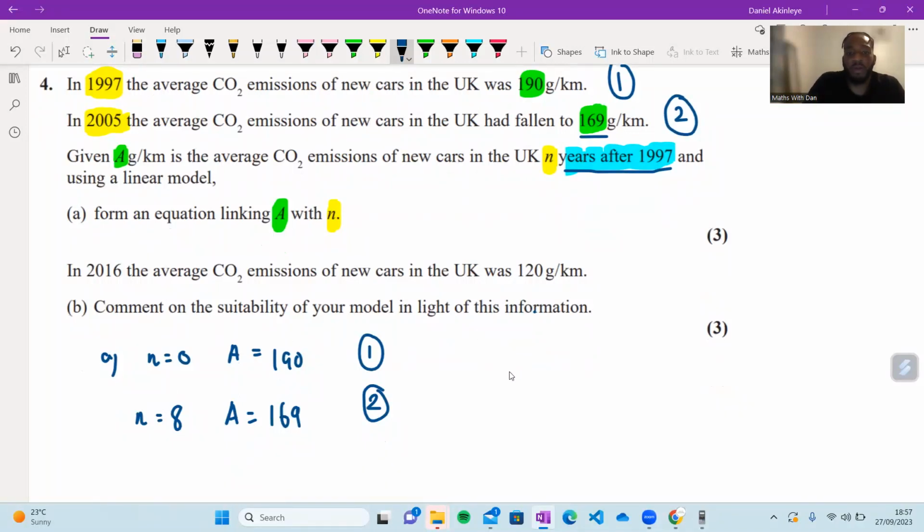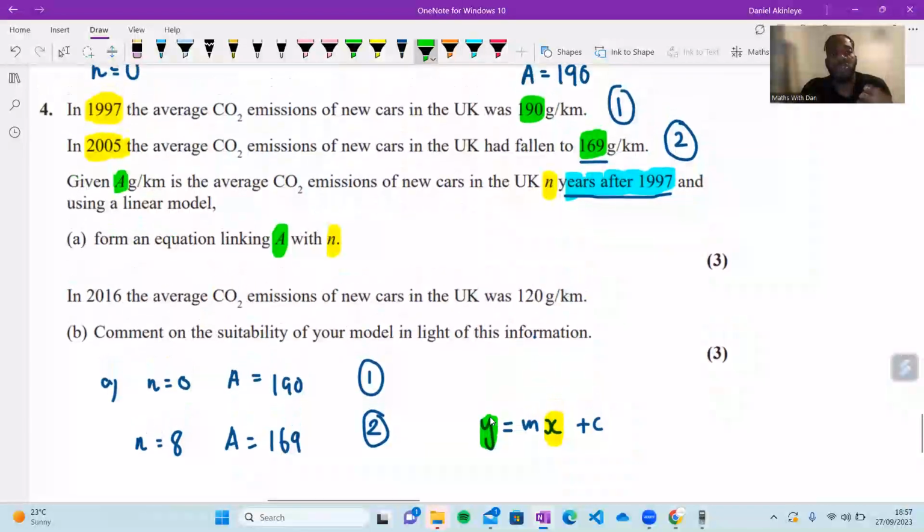Remember, generally speaking, we've got y is equal to mx plus c. Remember, we have two types of variables: the independent variable and the dependent variable. In our case, x is the independent variable and y is our dependent variable. The value of y depends on what x is.